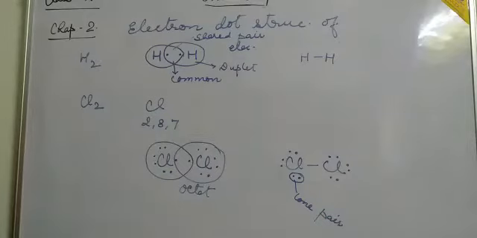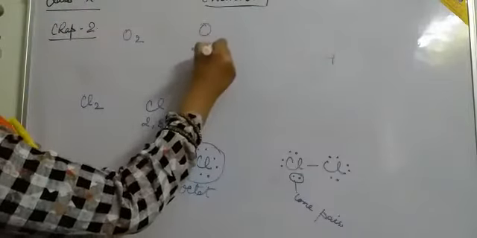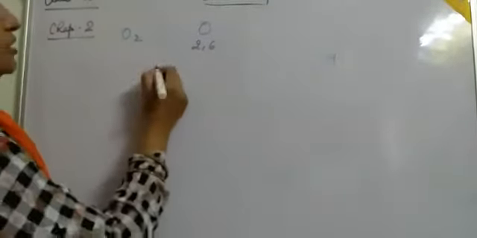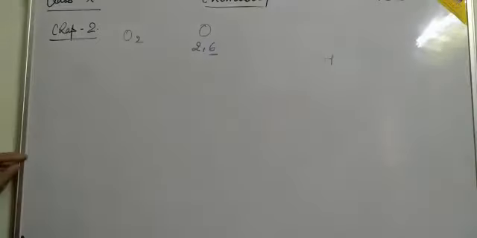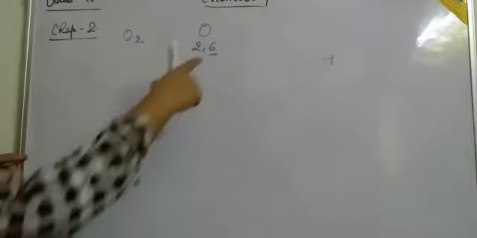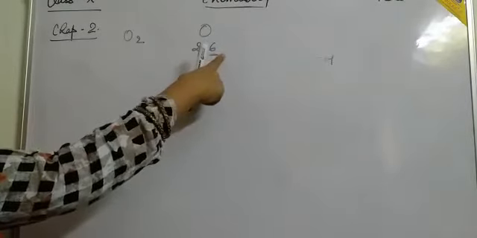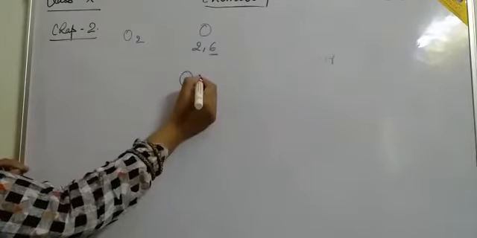Next example is oxygen. Oxygen has electronic configuration 2, 6. How many electrons are required for completing the octet? 2 electrons are required to complete its octet. So oxygen shares 2 electrons.